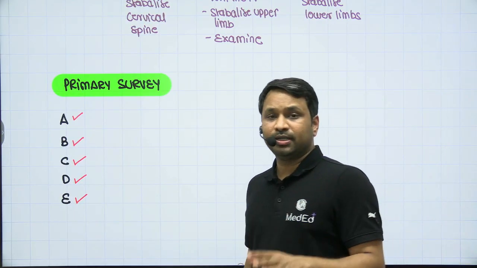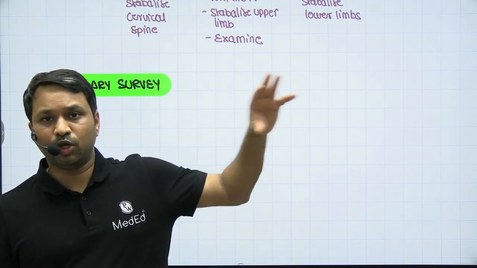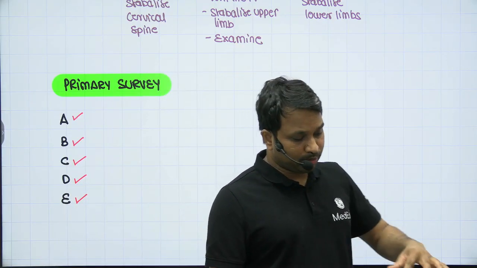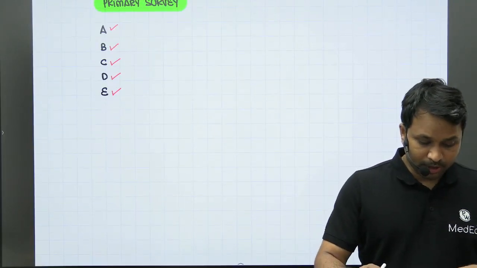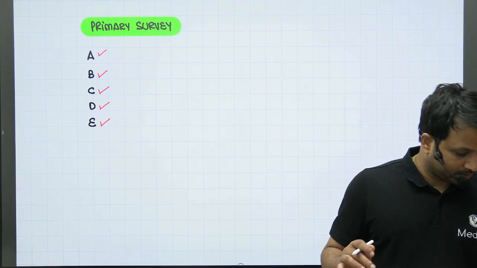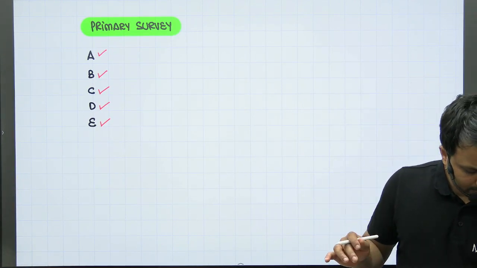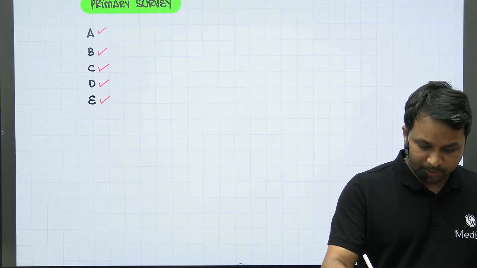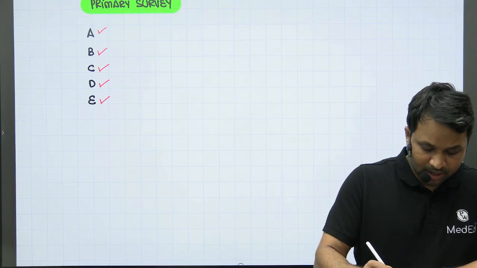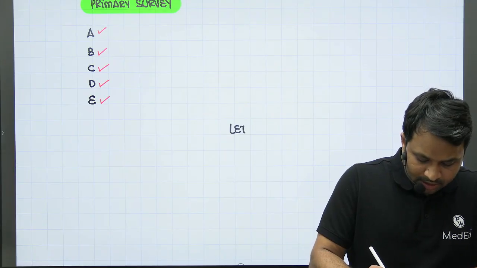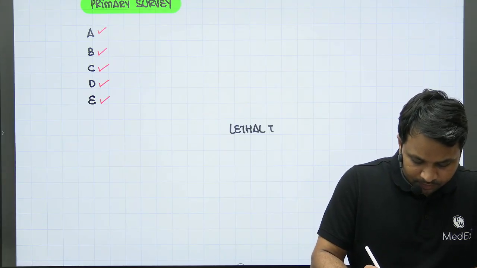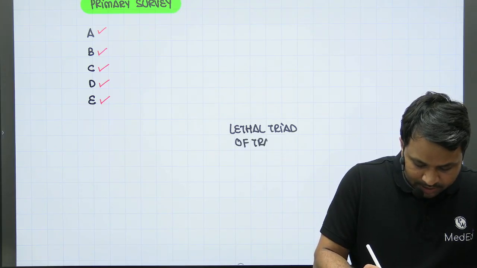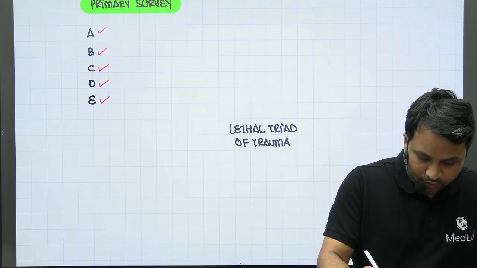Another very important thing that you need to understand is, when you're looking at the examination part, prevention of hypothermia is also going to be very, very important, because at the end of the primary survey, there is a very important triad that you have to prevent, and that is what we call the lethal triad of trauma.